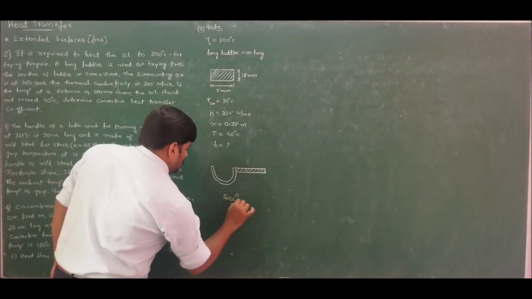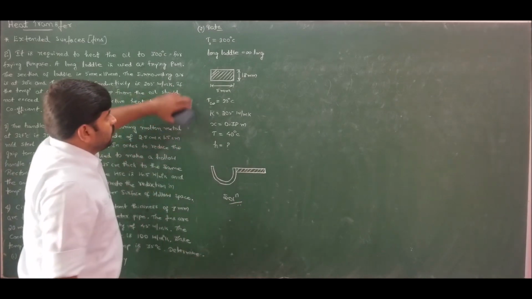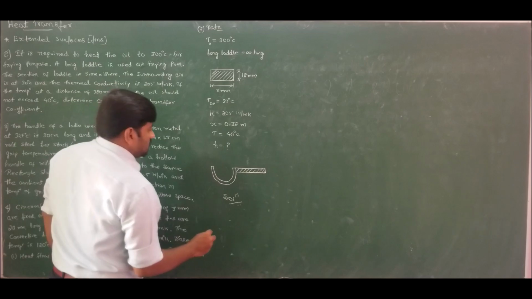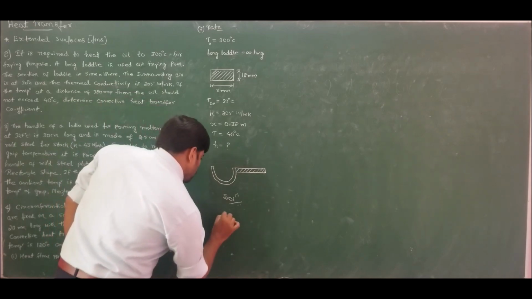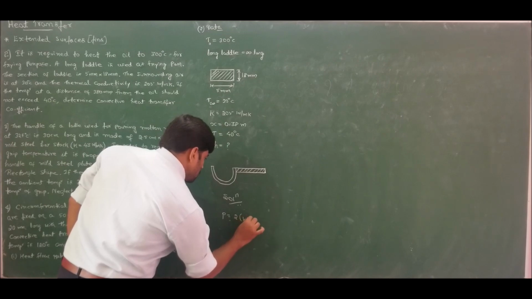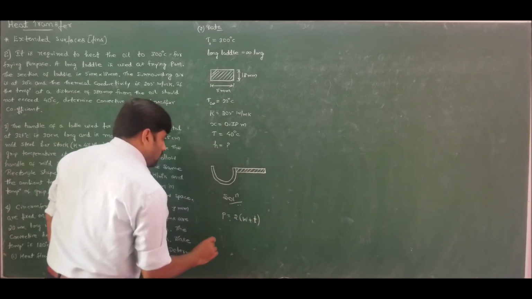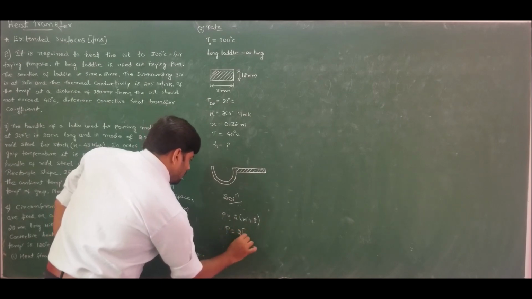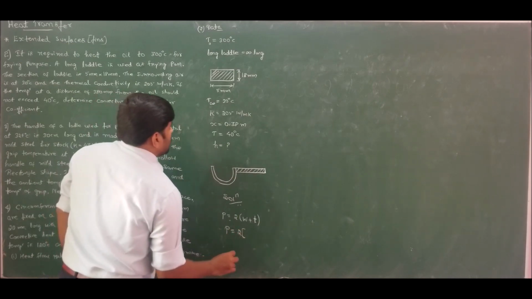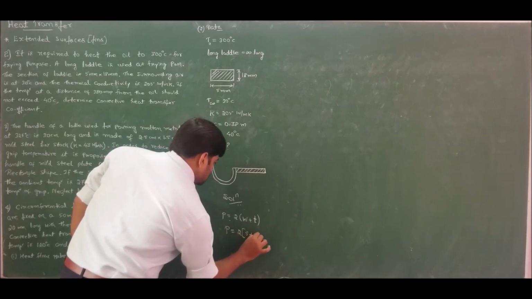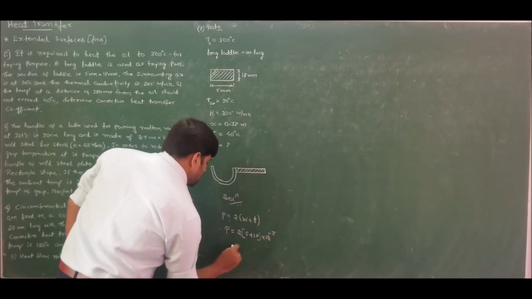If I go for solution, we know the cross section of the ladle, so therefore I can find the perimeter and cross section area. So perimeter is given by 2 times width plus thickness for rectangular fins. So I can write it as 2 times width is 5 mm and thickness is 18 mm. So 5 plus 18 into 10 to the power of minus 3.